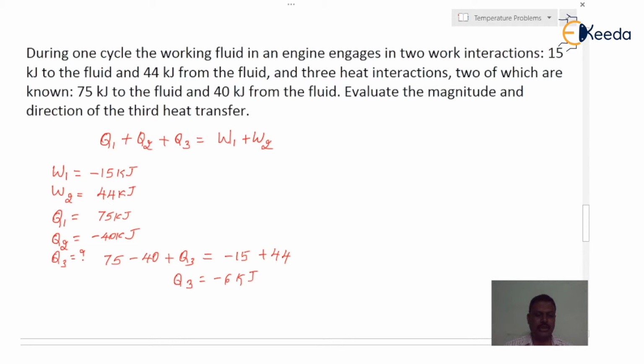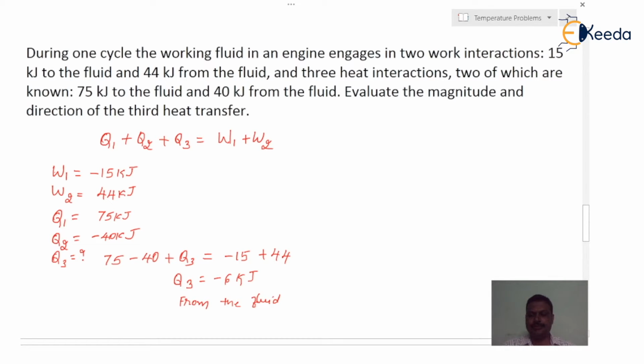Here minus 6 kilojoules means heat is rejected by the fluid, so heat transfer is from the fluid, or it is from the system.